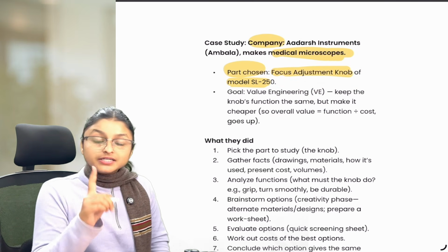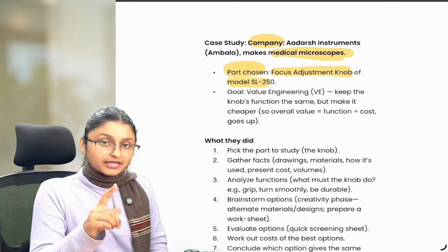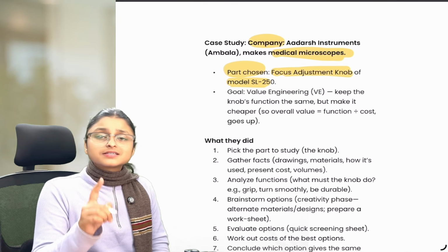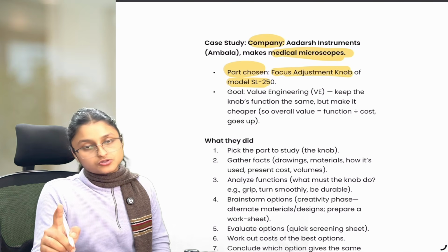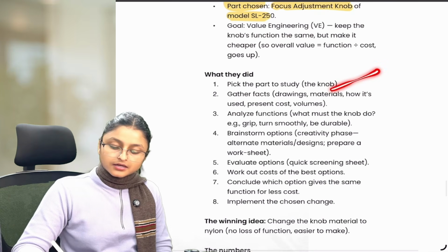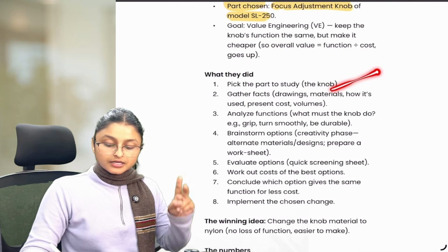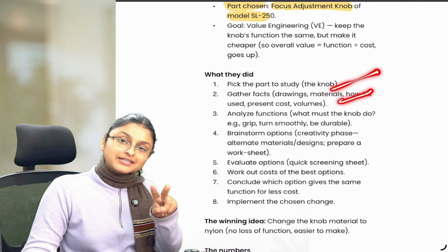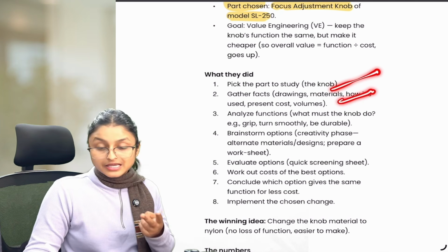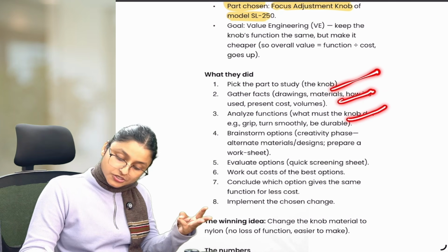And we have already understood the phases of value analysis. The same phases are applicable for value engineering also. First, we will select the part or the product which we want to study. Then we will collect all the information or facts. Then we'll analyze the functions.